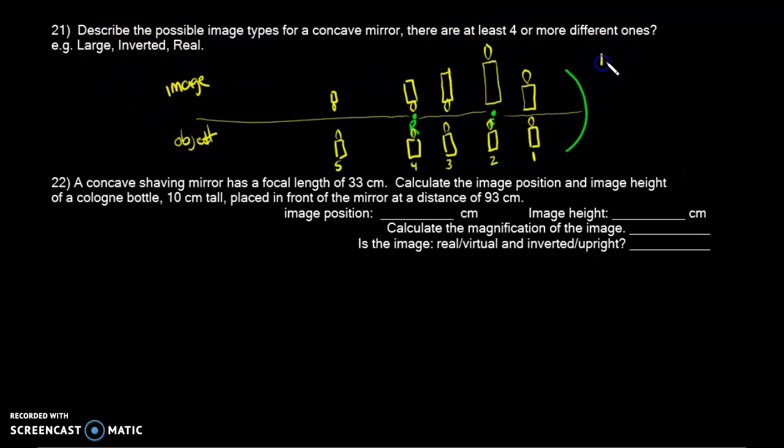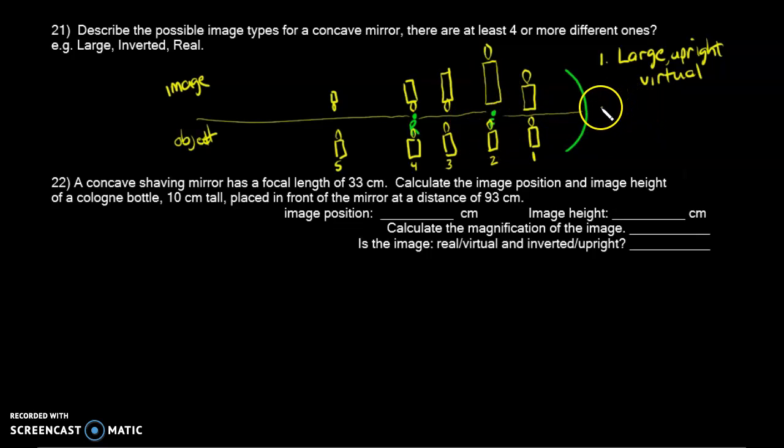So at point 1, it is large and upright and virtual. Because if we drew all of the light rays coming out and their angles to the focal point and brought them all together, it would appear upright but behind the mirror.